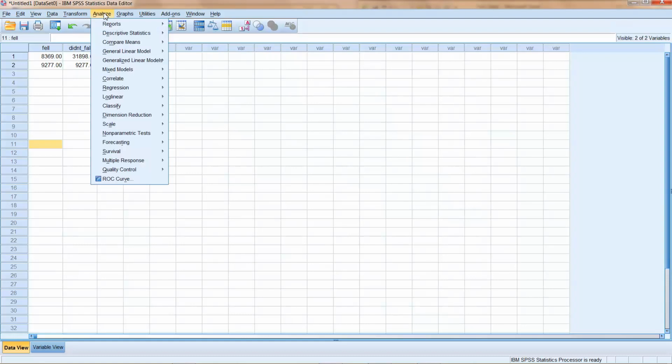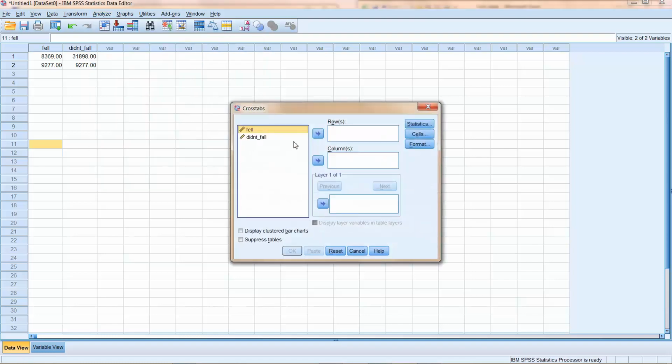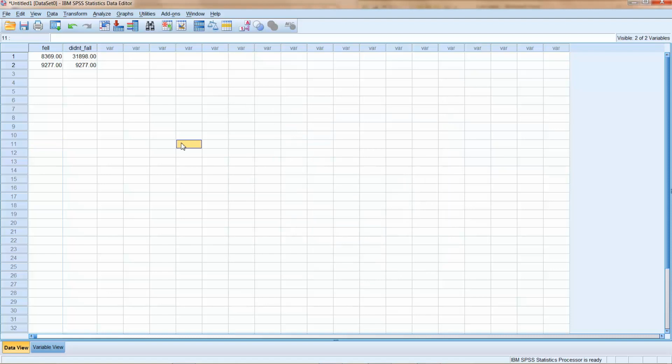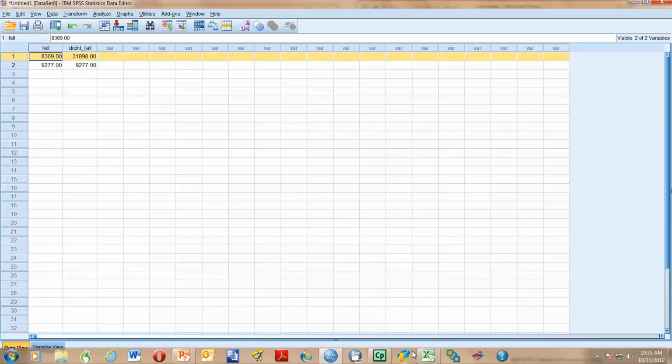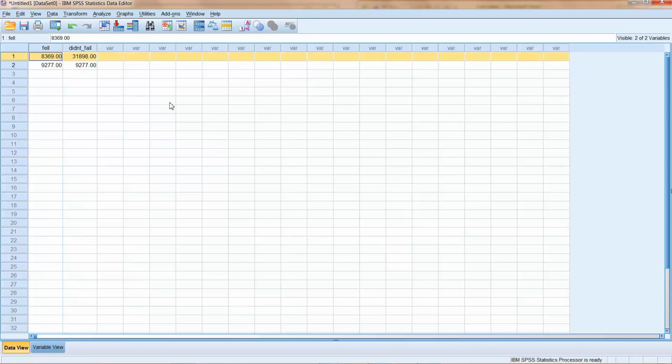So let's do analyze, crosstabs, our rows. Rows are 1 and 2.